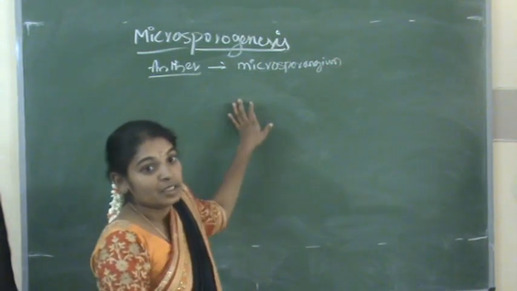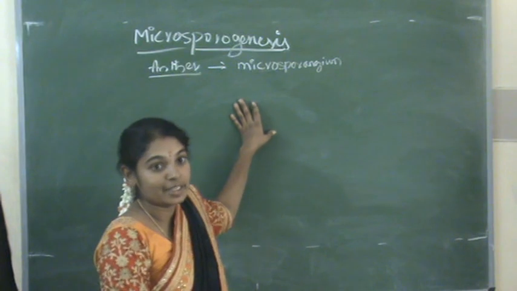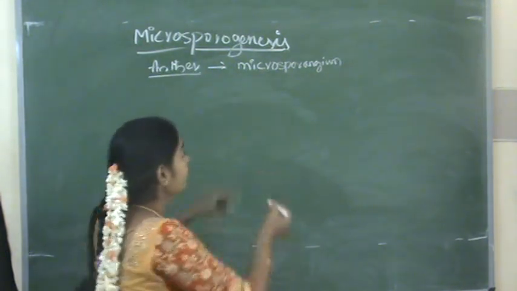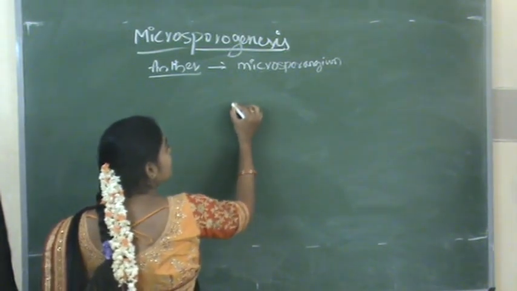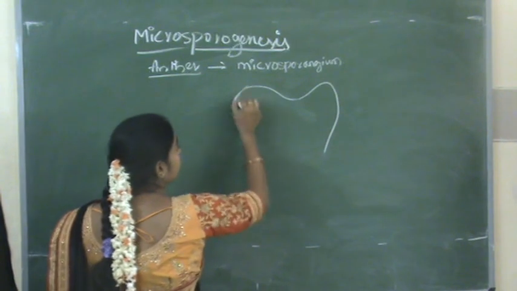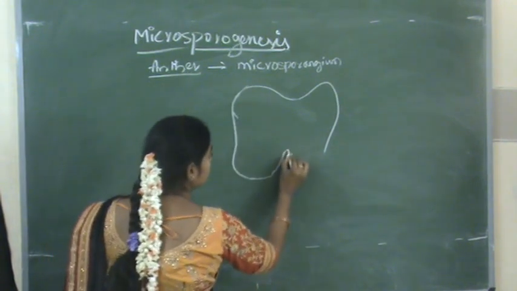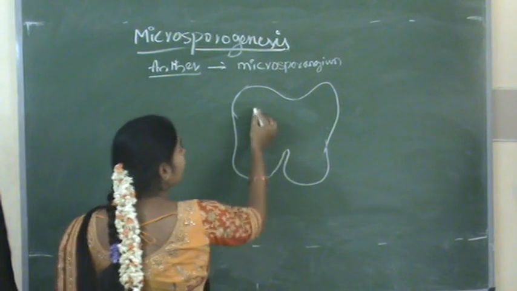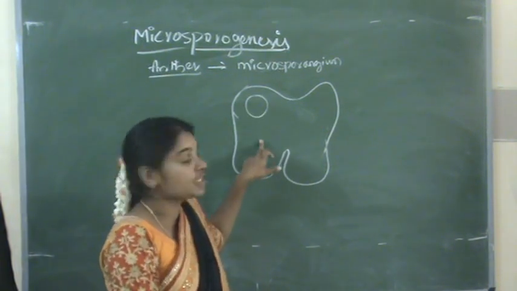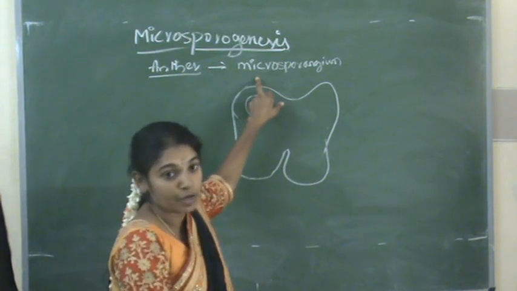Generally in angiosperms, dithecous anthers are present. A dithecous anther consists of two lobes, and in each lobe there are two sac-like structures which are called microsporangia.